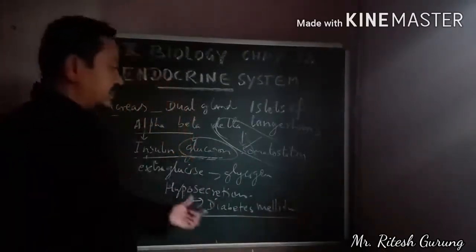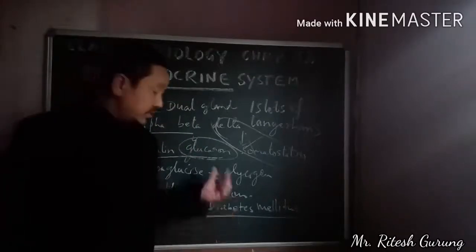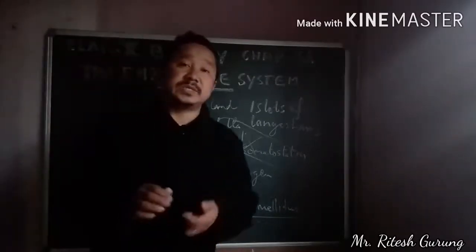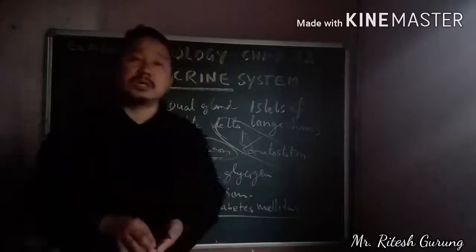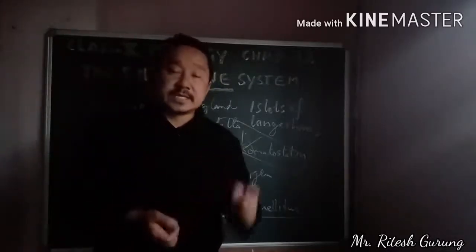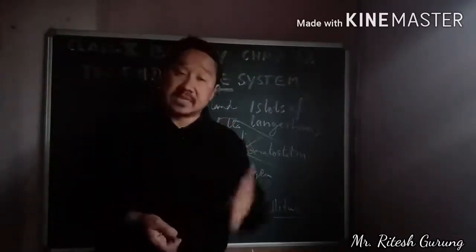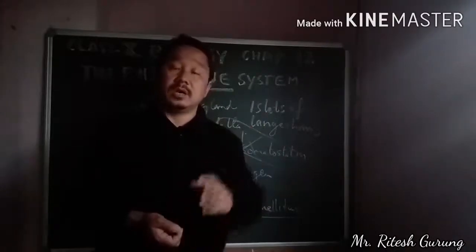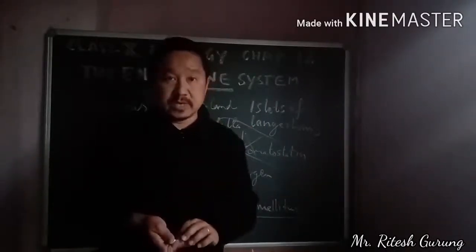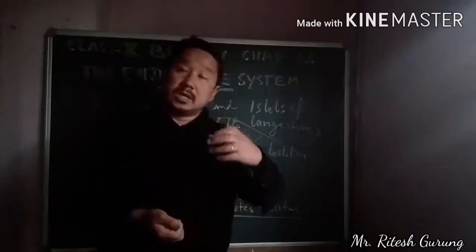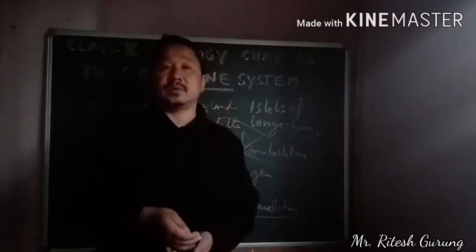Diabetes mellitus. In this condition, the sugar level will be increased in the blood. That means the condition will be called hyperglycemia, which means your sugar level will be increased in the blood.